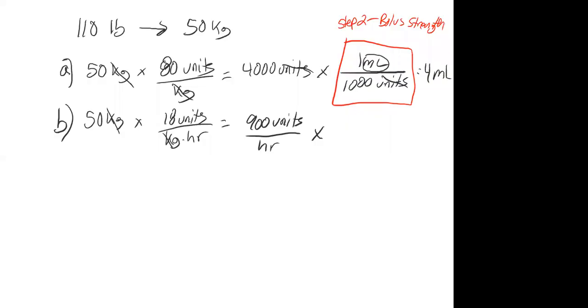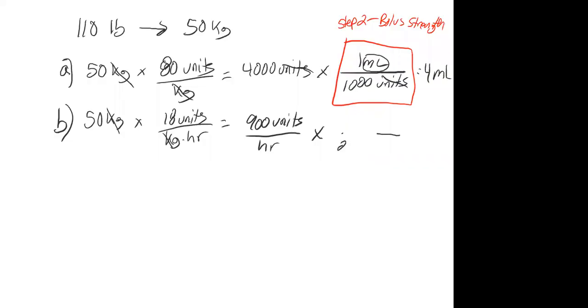All right. Now, again, if it asked us just to calculate units per hour, we'd be done, but it wants to know milliliters per hour. So this is actually good practice for going from units per hour to milliliters per hour. So I'm going to go back to step 2, and step 2 tells me 25,000 units and 250 milliliters, half normal saline. And so I'm just going to write that out.